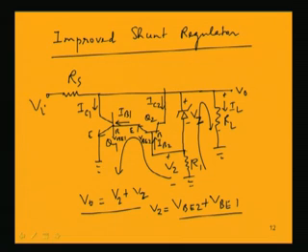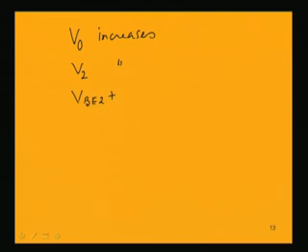Now what will happen if VBE2 increases? Then the base current in the second transistor increases, so IB2 increases. So if we write down, V0 increases, then the effect is that V2 increases. So if V2 increases, then VBE2 plus VBE1 increases. That means the base current in the second transistor increases.